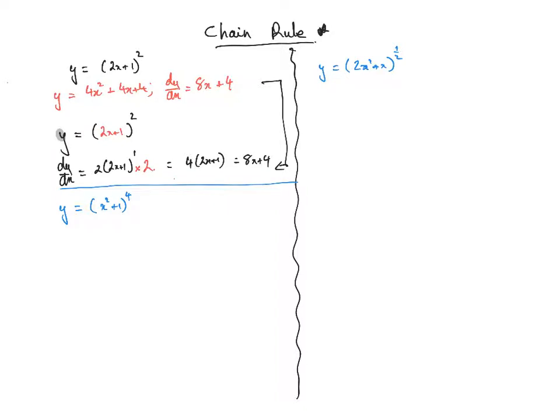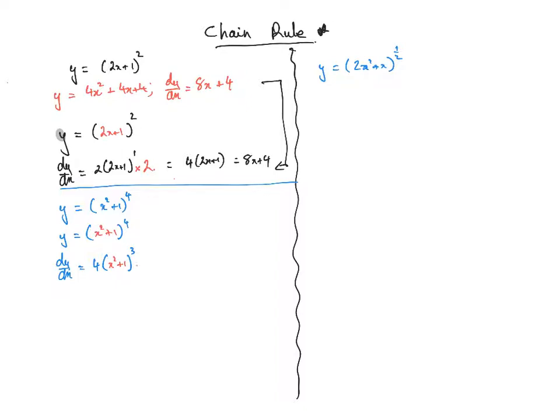So let's just rewrite it. y equals the function that's inside, x squared plus 1, to the power of 4. Now again, dy/dx is equal to 4 comes out the front, multiply that power, the function inside still, and take 1 from the power. That's what we do already.